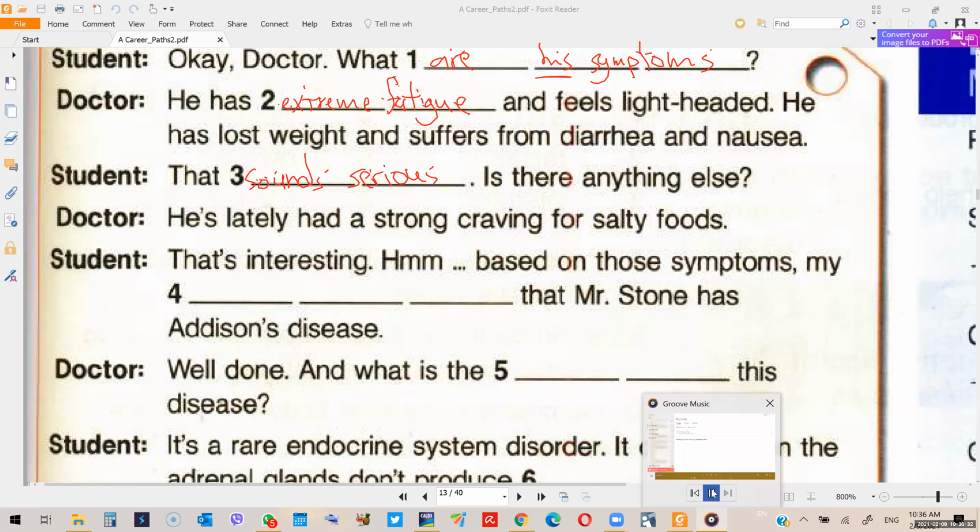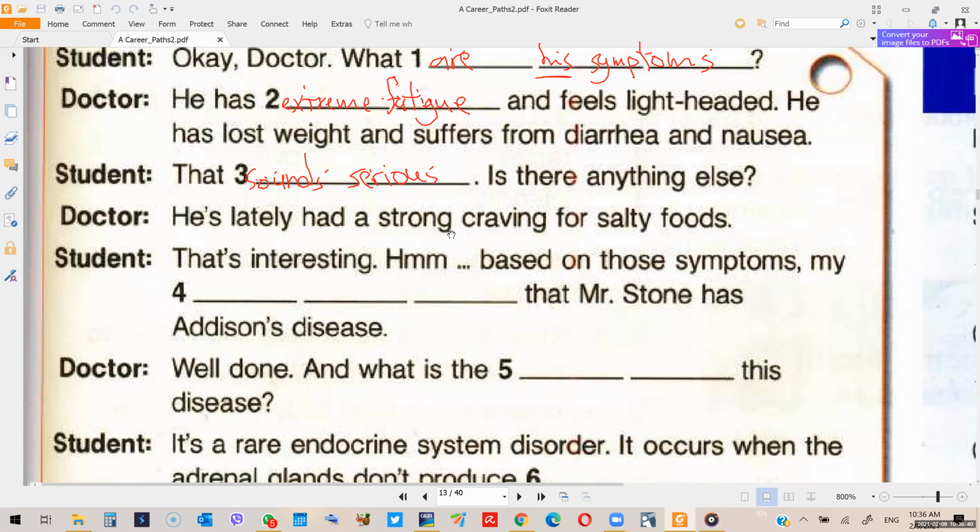He's lately had a strong craving for salty foods. That's interesting. Craving means when you want something very, very strongly. For example, if you play football or do some exercise, you feel thirsty, and you want to drink water. This is called craving for water.